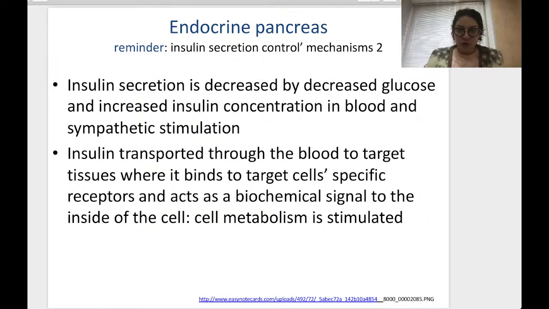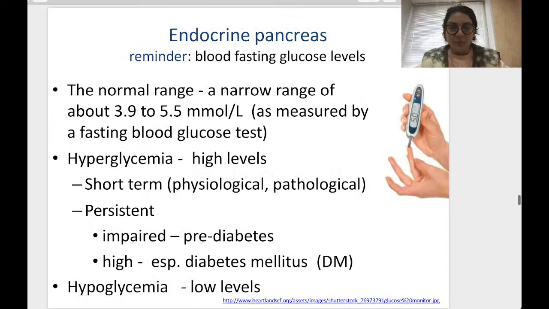All diagnostics and symptomatics can be explained by this mechanism. That's why it will be very easy for you to explain all further management of this patient. Okay.